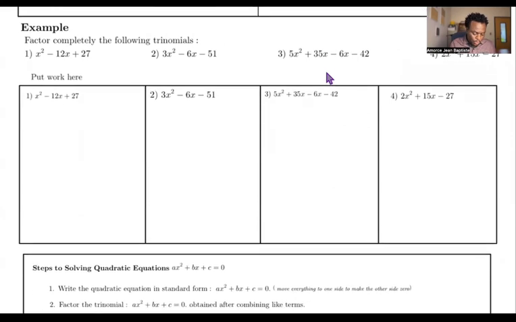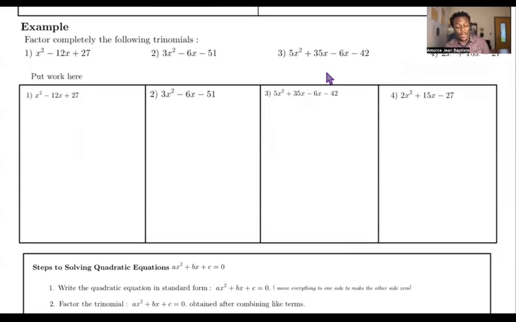In this example, factor completely the following trinomial, if possible. Now, the reason I say if possible is that if it's not factorable, then later on you won't be able to solve the quadratic equation using this quadratic expression by factoring.